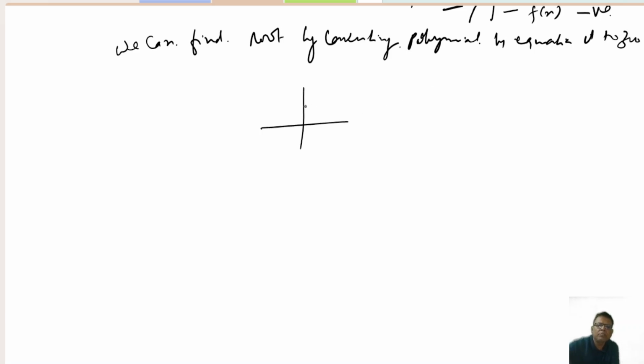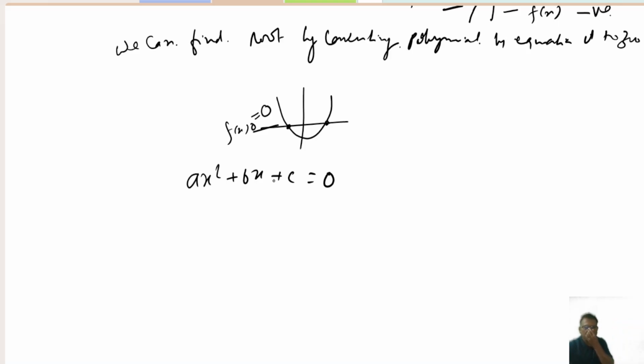Because in the graph, see here, f(x) is equal to 0, f(x) is equal to 0. So we'll get the value of x only when we put it to 0. So suppose ax square plus bx plus c is equal to 0.